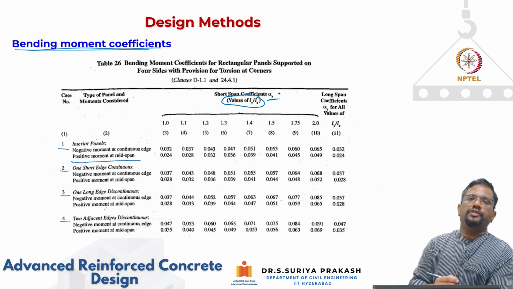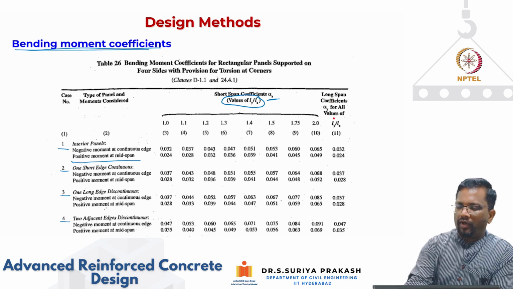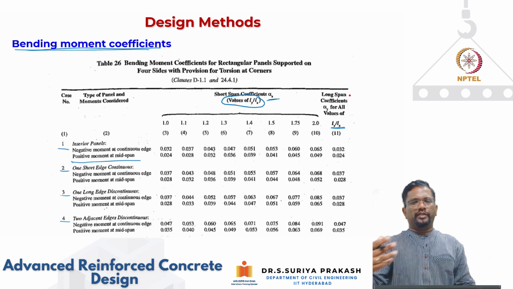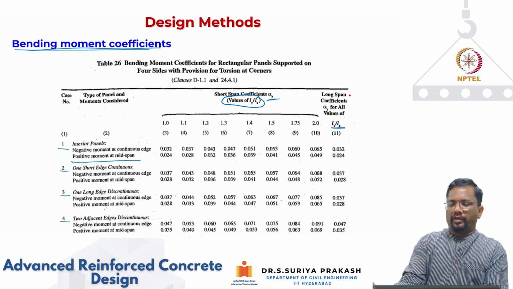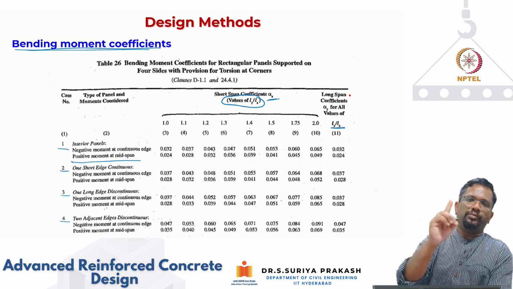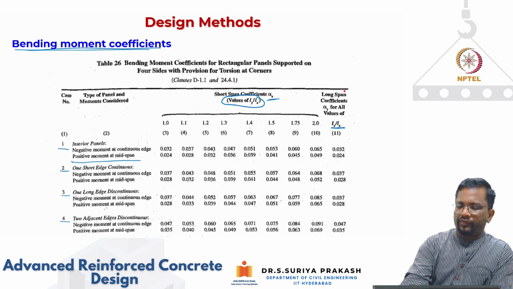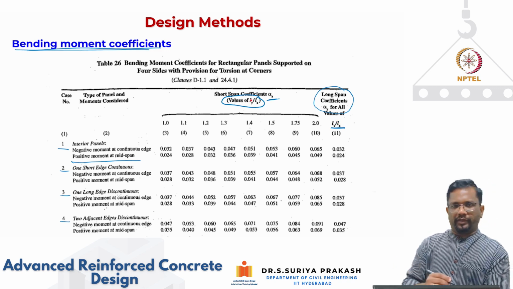These are called short span coefficients. For all values of Ly by Lx, in the longer direction, as we have seen, the moment variations are not going to be that much. That is the reason the code gives a simplified single value, alpha y. The long span coefficient has only one value, independent of Ly by Lx.